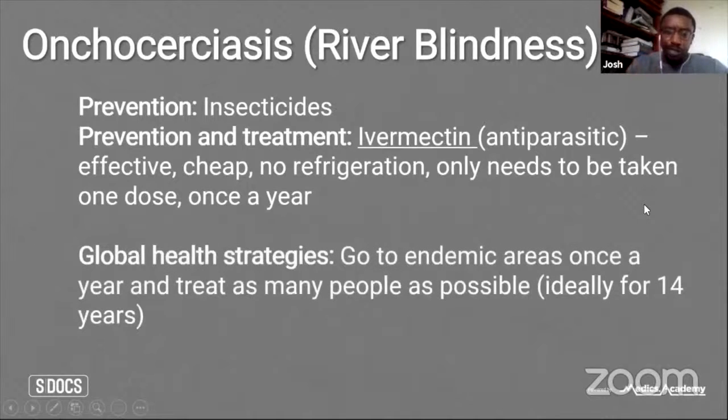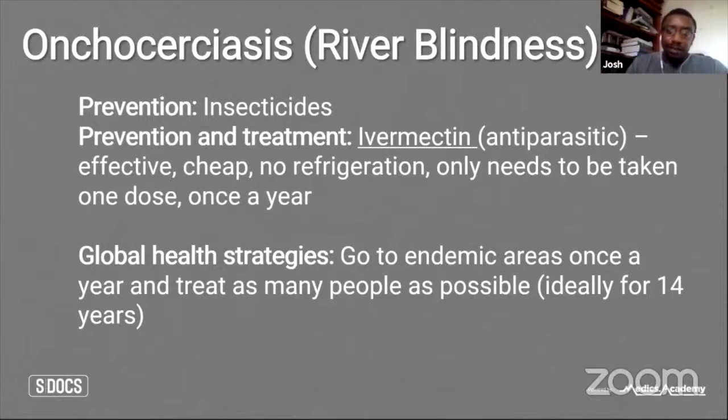And of course, these are the two mainstays that global health strategies or interventions will involve. They will go to endemic areas where the population is known to be at risk or have circulating onchocerciasis. First they will incorporate lots of insecticides, but also importantly, they will treat everyone with ivermectin, as many people as they can, and they'll go back every 6 months or every year and treat everyone again.